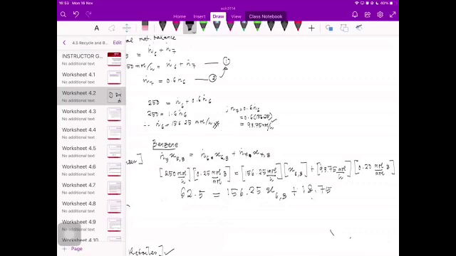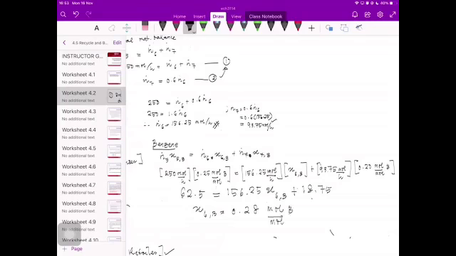So when you do the mathematics, then you are able to get X6B will be equals to 0.28 mole per mole of benzene.